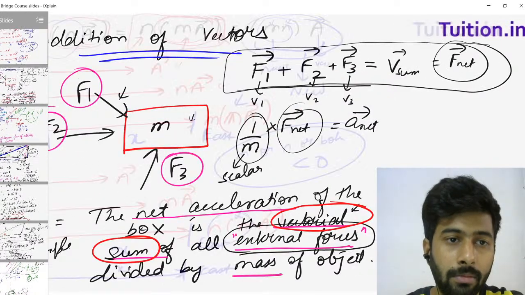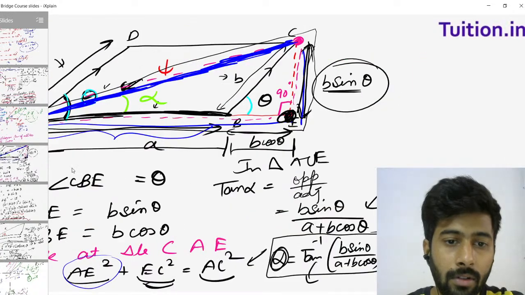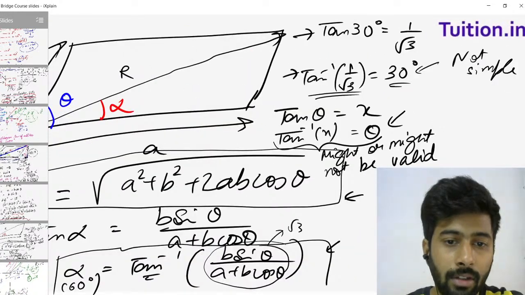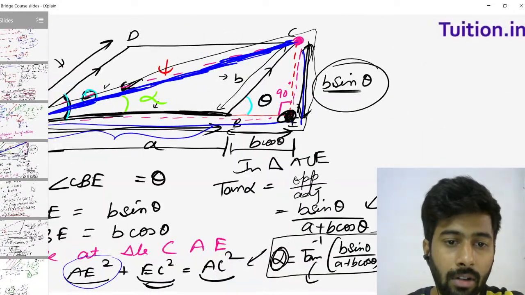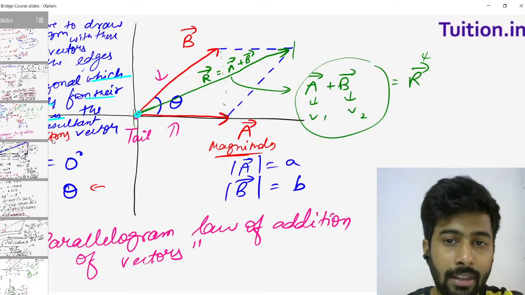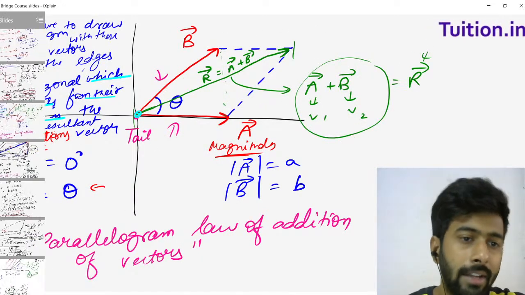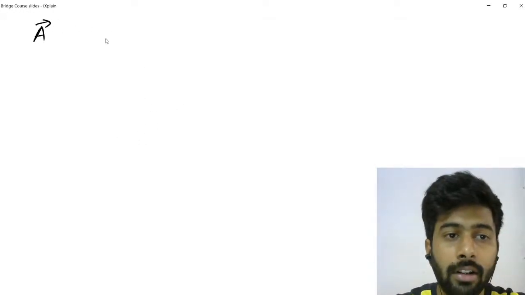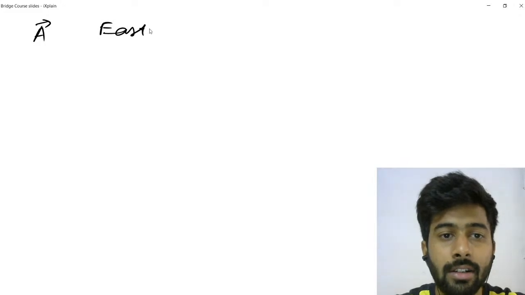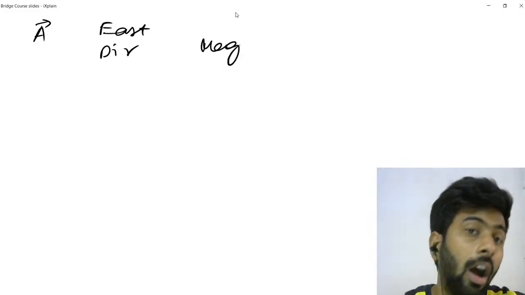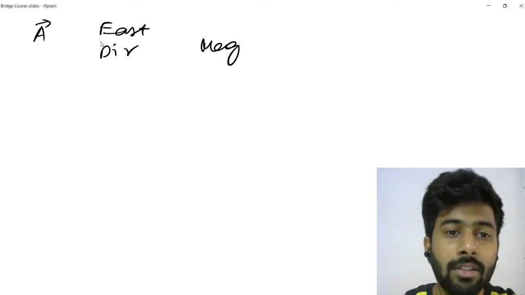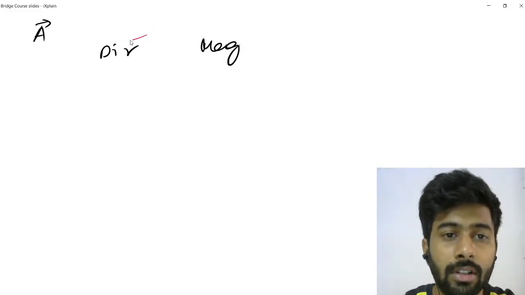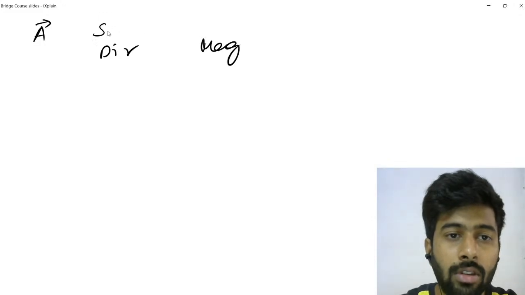Which problem? Wherein I was discussing something about A's length, B's length, and all that. Fine. Okay, if that's not available, let me just quickly frame a problem for you. A bar is a vector which points towards east. Let's say this is not pointing towards east; it's pointing towards south.